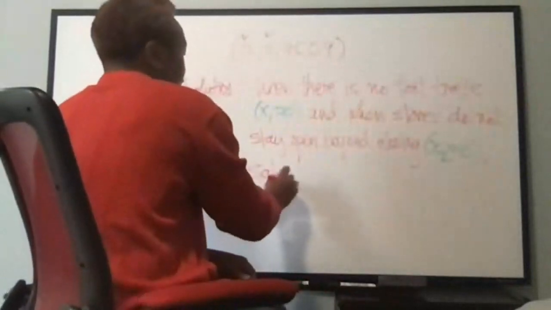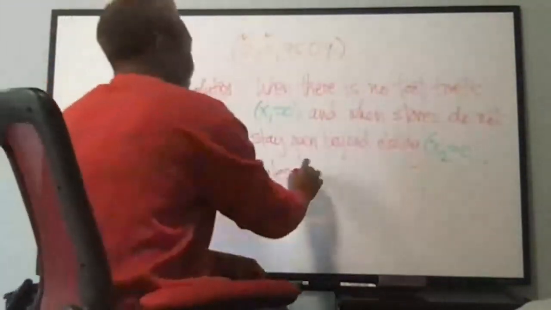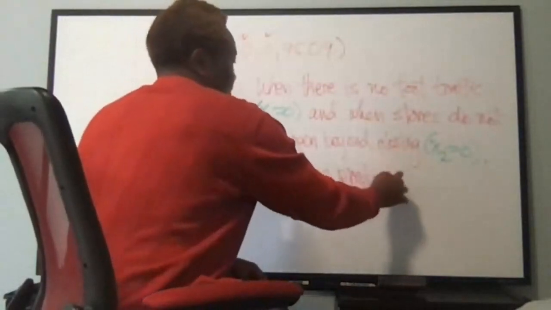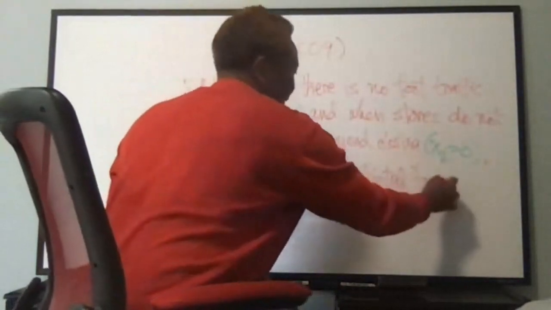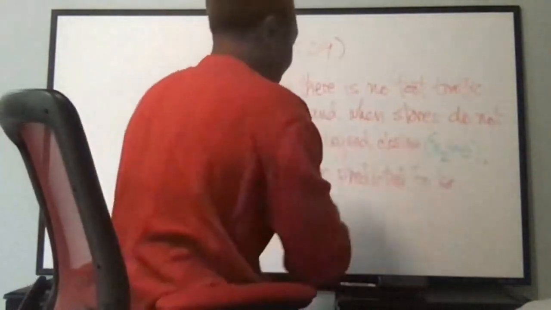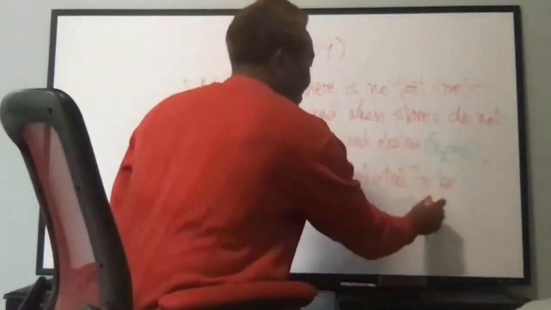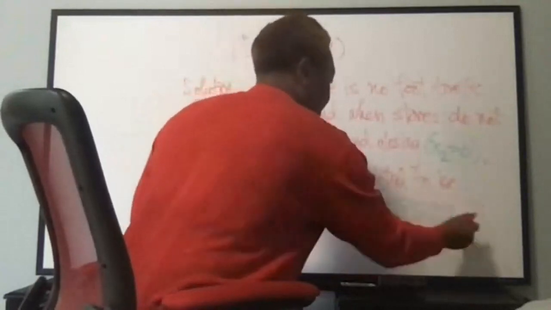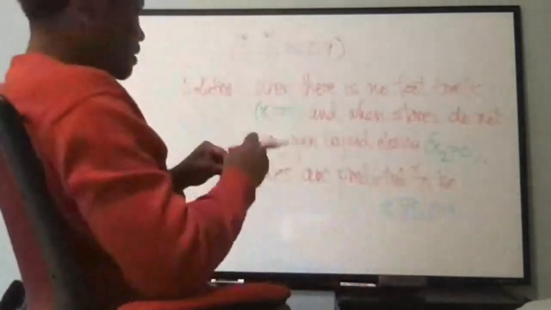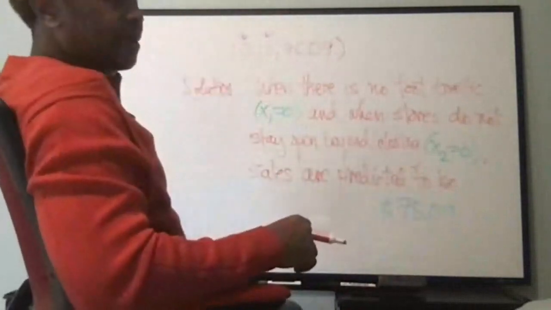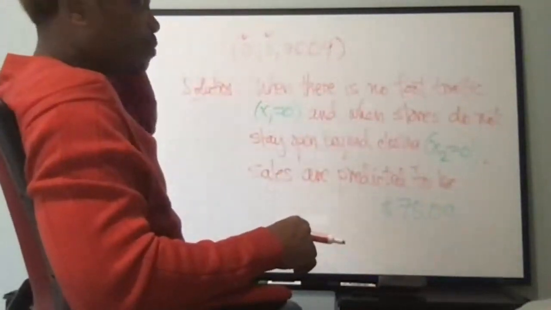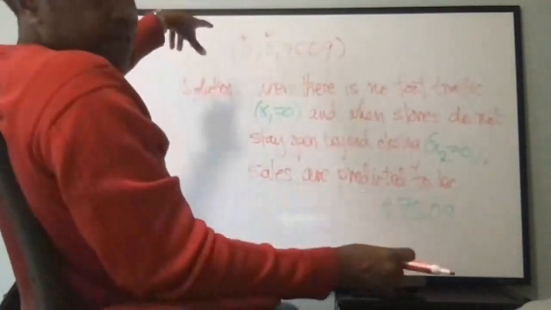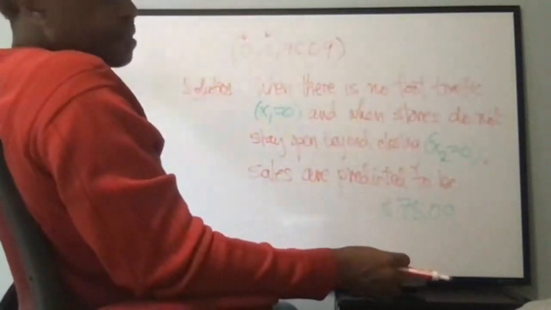Sales are predicted to be $75.09. Notice the difference here between this and interpretation of the slope. Because when we interpret the slope, we're holding constant the variable that we're not being asked about.